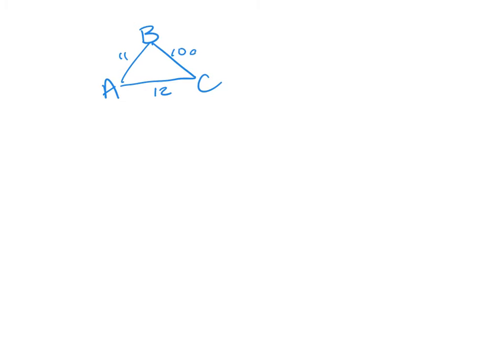This is a little a, this is a little b, and this is a little c. So I have that big A, big B, and big C, I don't have any of them. But I have little a, little b, and little c. Little a is 10, little b is 12, and little c is 11. Okay?